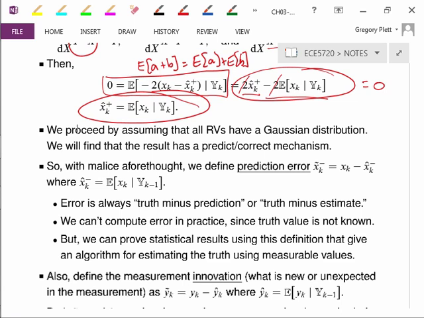So I've got some huge multidimensional probability density function on x given y, because y is some huge multidimensional thing. But I just find the balance point in that density function, and that's my best guess as to what the state actually is.